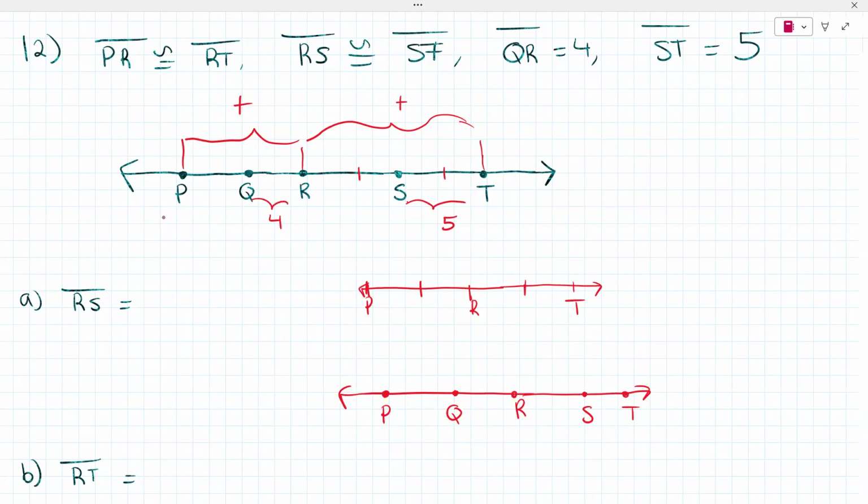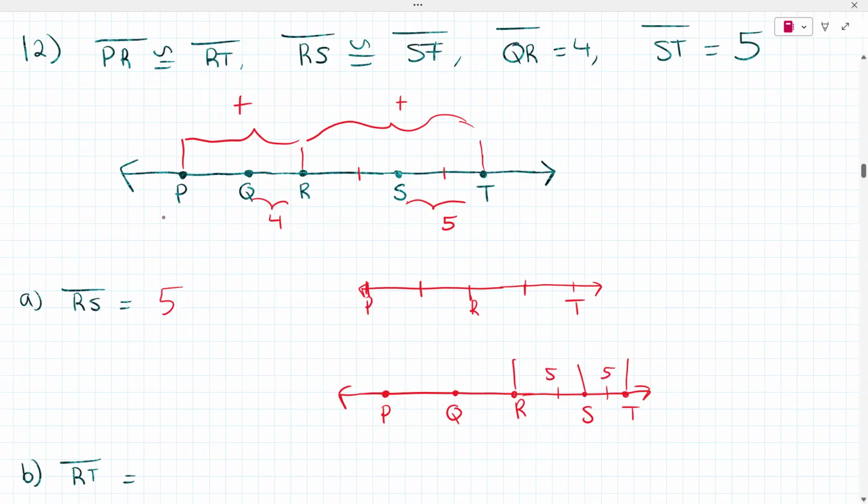Okay, so what do we know? We know that RS is equal to 5, because ST is also 5, right? ST and RS are congruent. They should equal the same distance, 5.